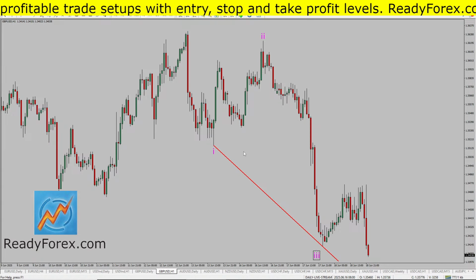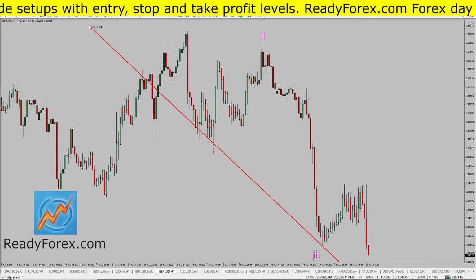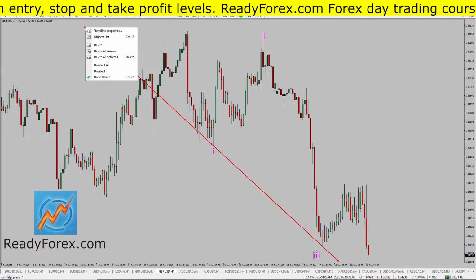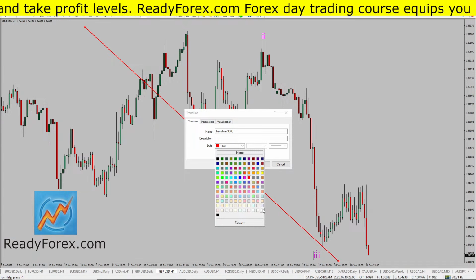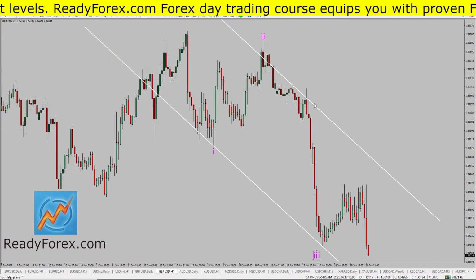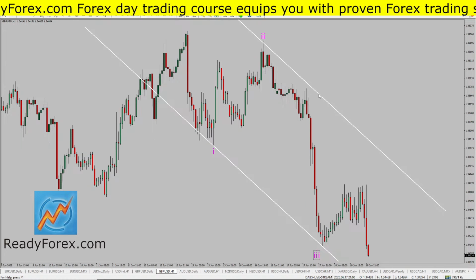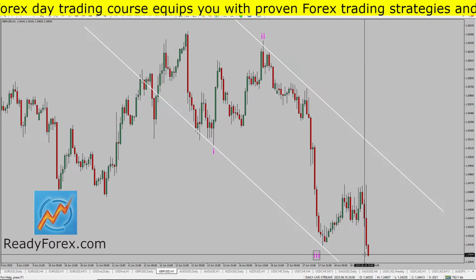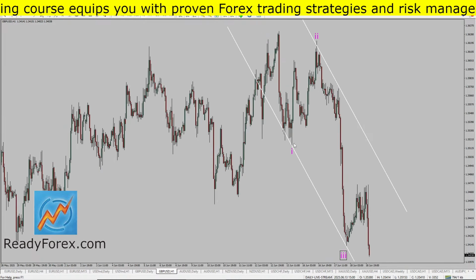Okay, I'm going to draw some trend lines over here. And let's use a light color, like a white color over here. Okay. Well, it seems to me that this is wave 3. You know, wave 3, in my opinion, is still going on.